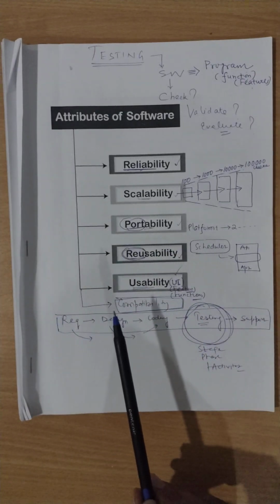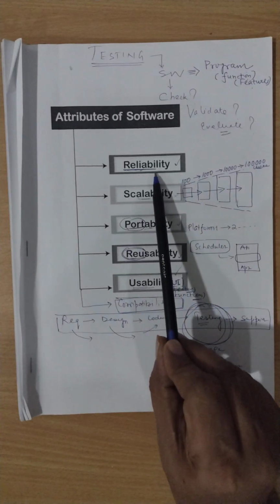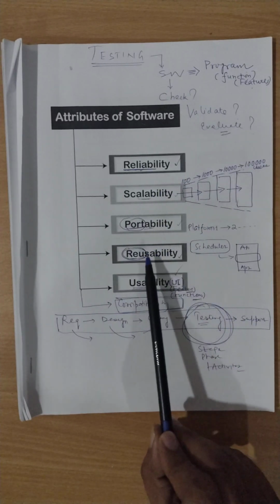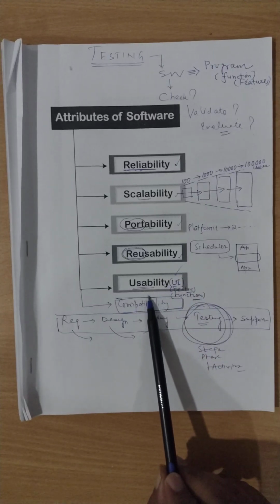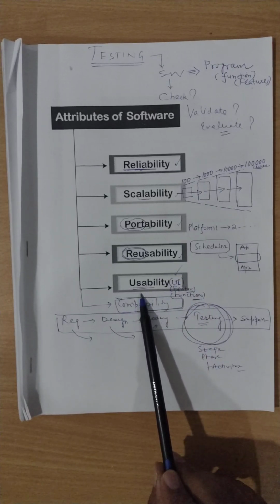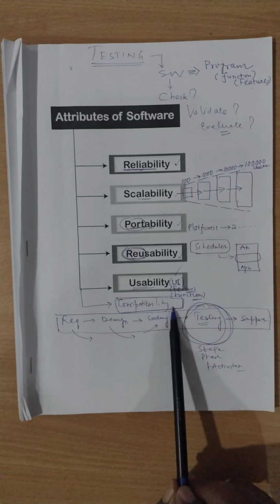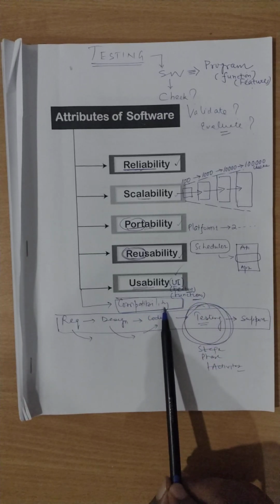These are reliability, scalability, portability, reusability, and usability through user interface features, and compatibility also.